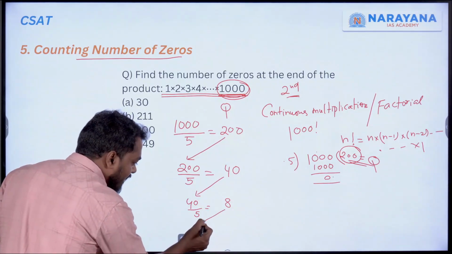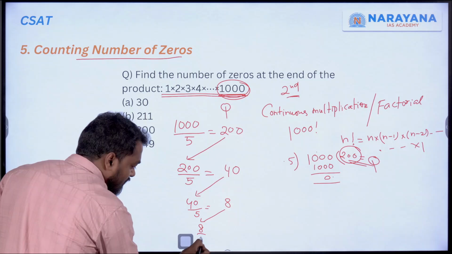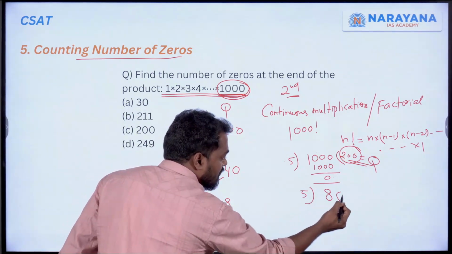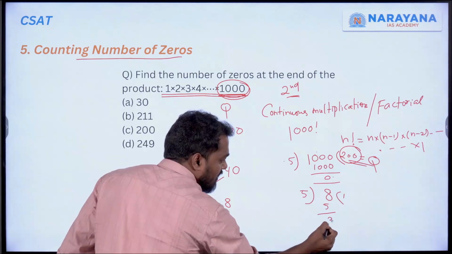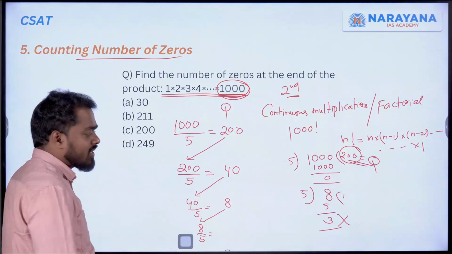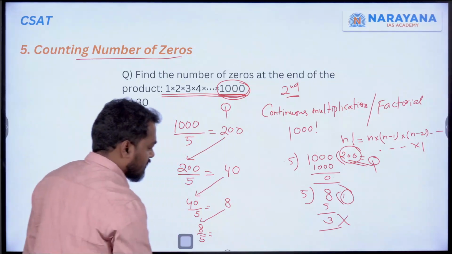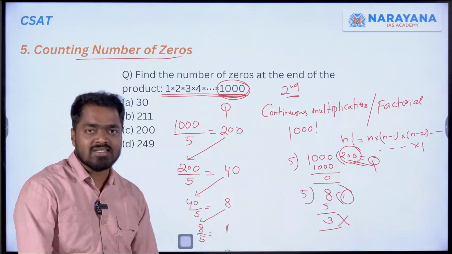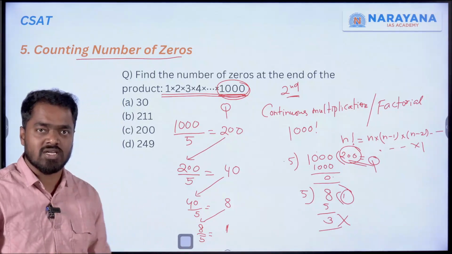So again take the 8, divide it with 5. So if you divide 8 with 5, 5 ones are 5, remainder is 3. Whatever is the remainder, we don't care about that. What is your quotient? 1. Now this 1 is less than 5. You have to stop the process till here.